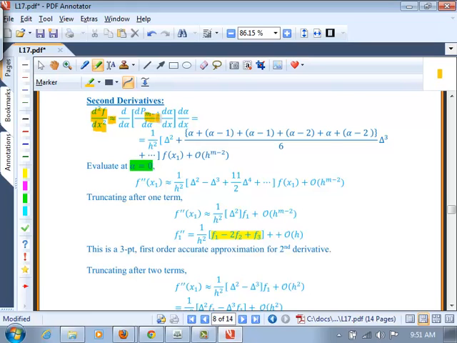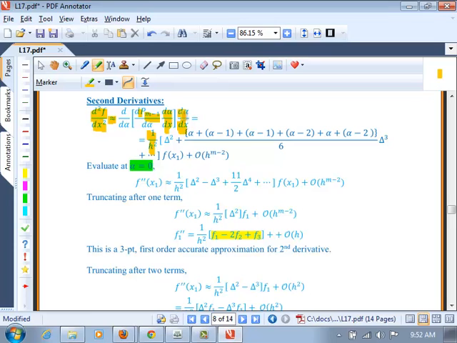So I'm going to take the derivative of the polynomial twice, first with respect to alpha, and again a derivative with respect to alpha. So I lose the first two terms of the polynomial expansion. The first term that survives is delta squared.